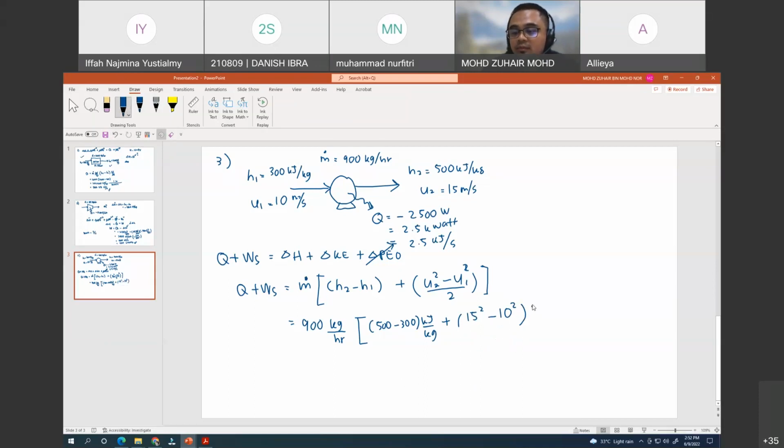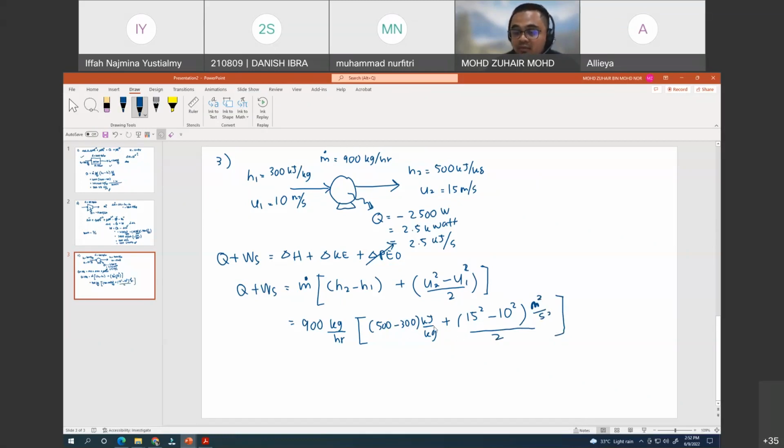This is in terms of the unit m squared per s squared, divided by 2. So how are we going to solve this?